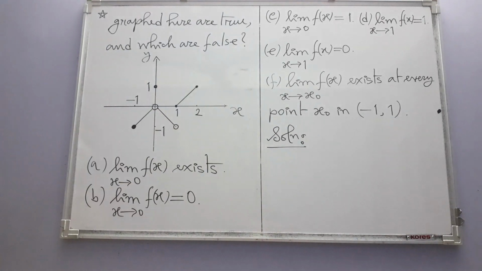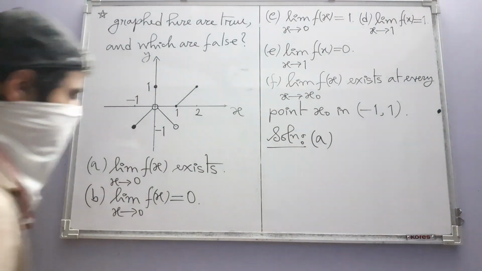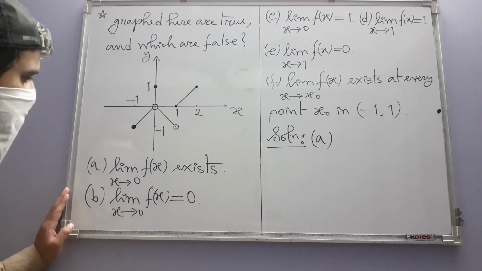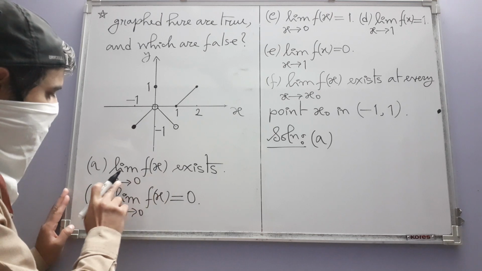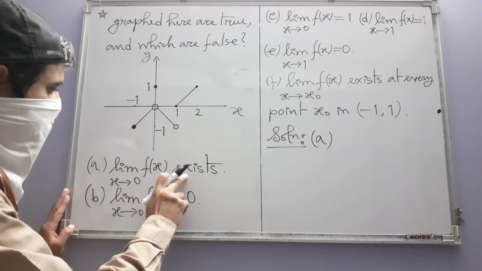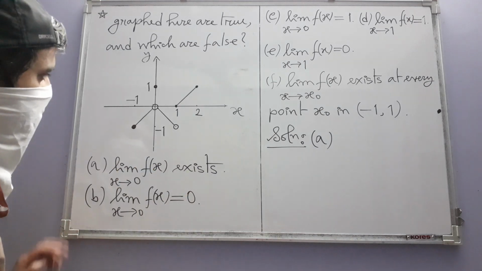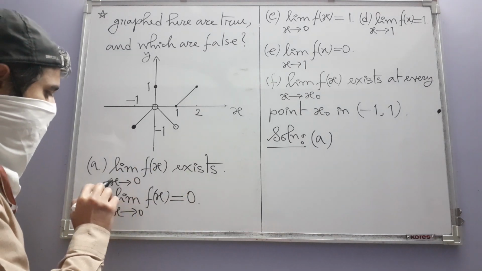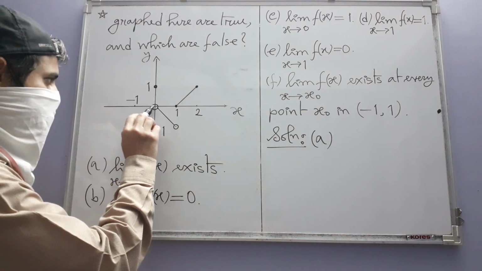Okay, so let's now think of the first one, part A. Part A says that the limit of f of x as x tends to 0 exists. Let's see what happens when we take x towards 0 from the left side.